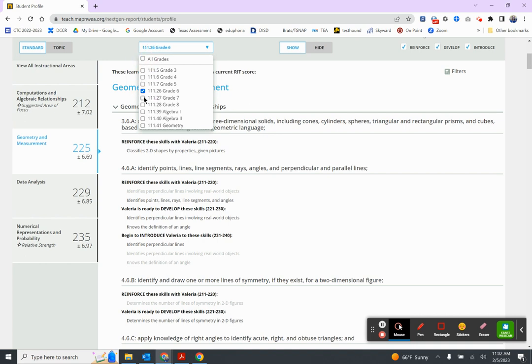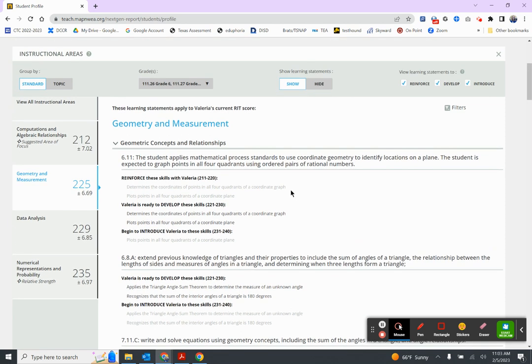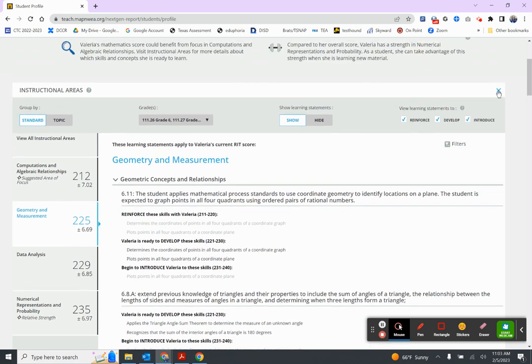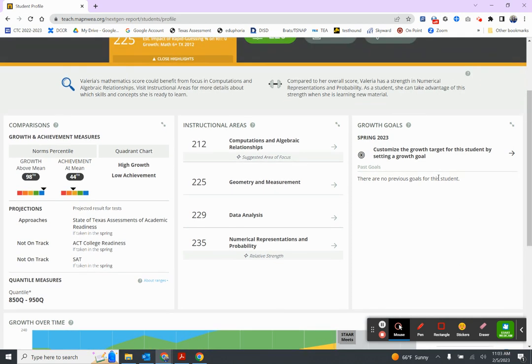I can say, just show me my 6th, 7th, and 8th grade. And now it narrows down the SEs that it's looking for this student. But some of the times we have to go back to know what foundation this student needs in order to be able to get their on grade level concepts.